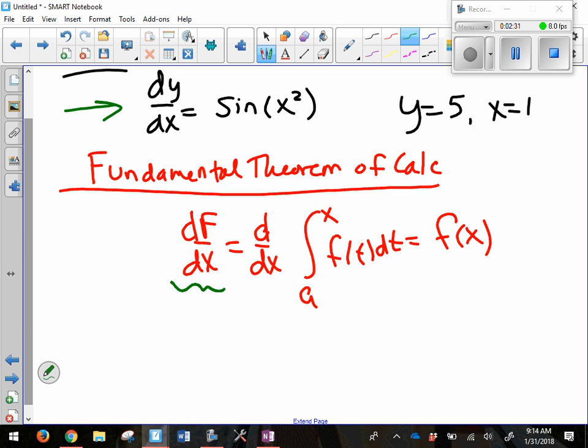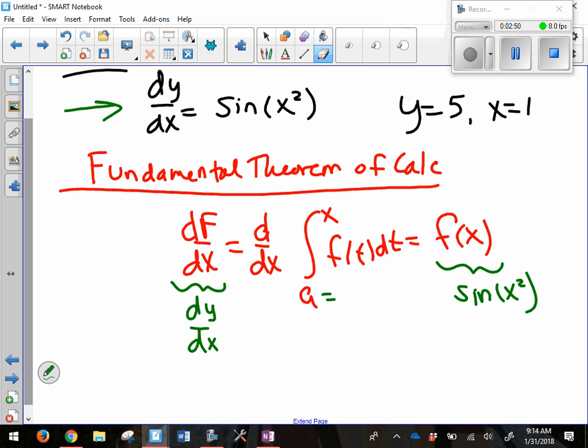So this part here is going to be dy/dx. This part over here is going to be sine of x squared. And a is going to be equal to 1, because that's what we were told.